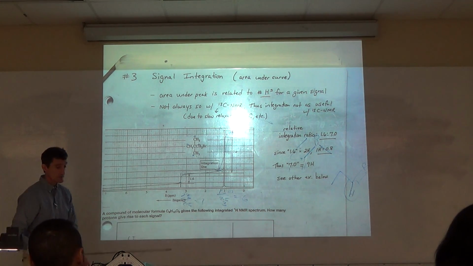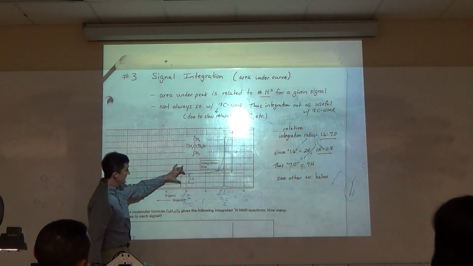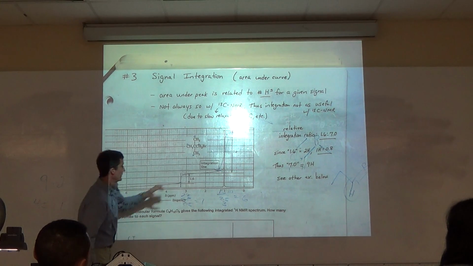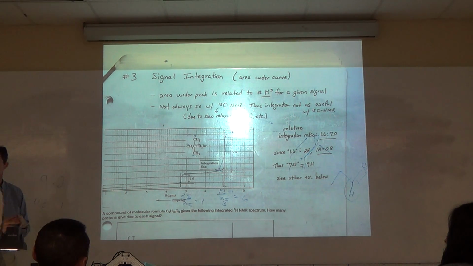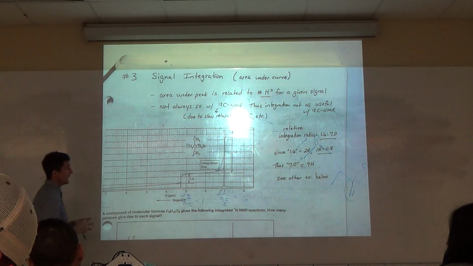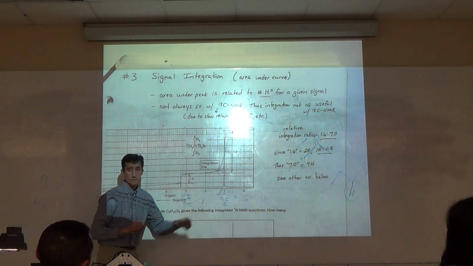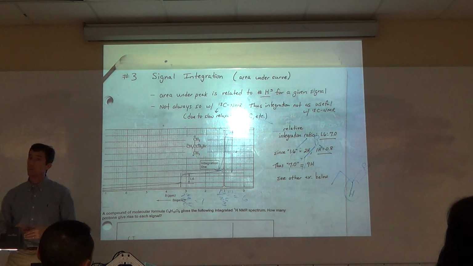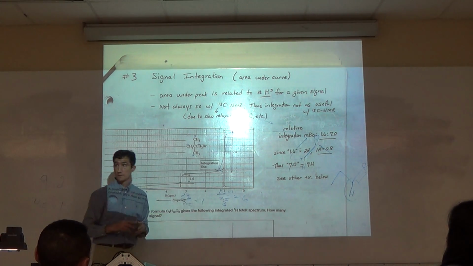Basically, you measure this. There'll be some in the workbook. The ratio of your distances is equivalent to the ratio of the number of hydrogens. Okay, here's the thing about integral curves. I don't use them on the practice problems I give you. I actually tell you the integration.